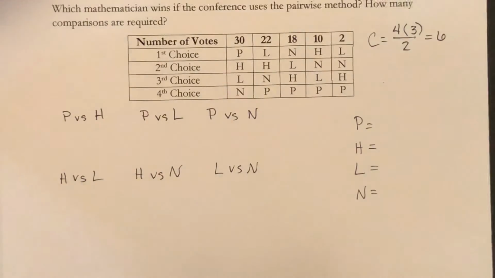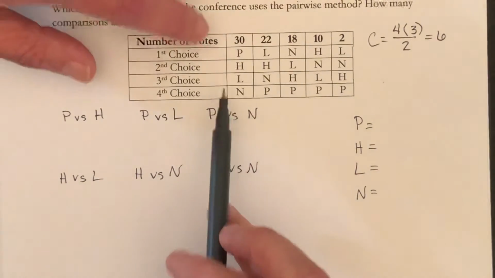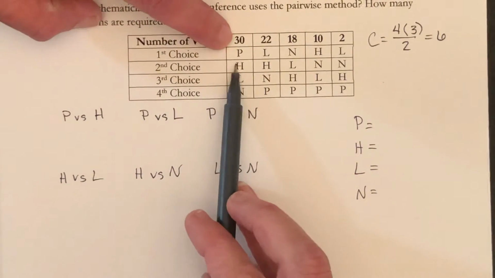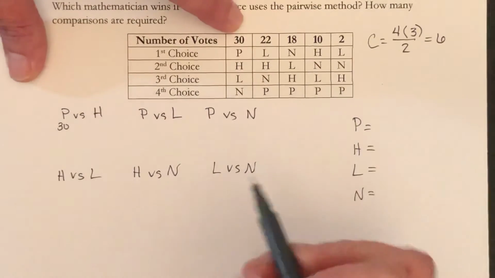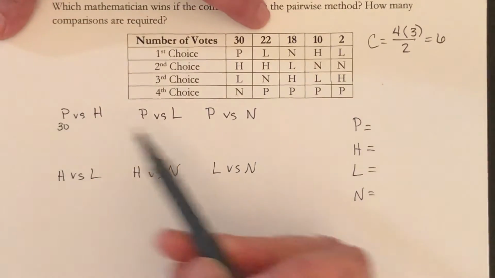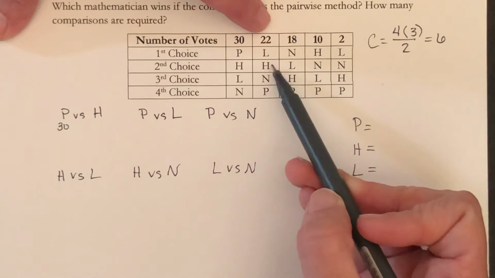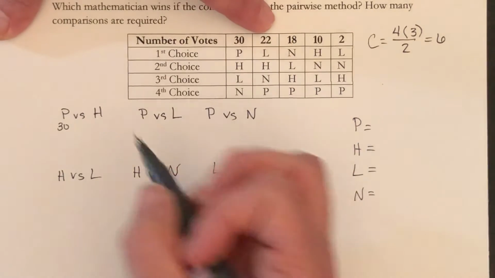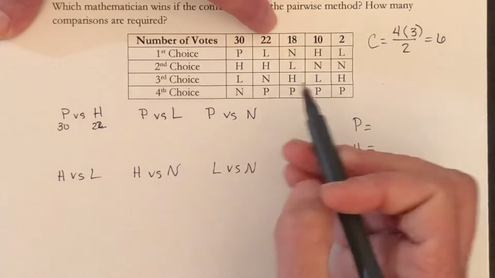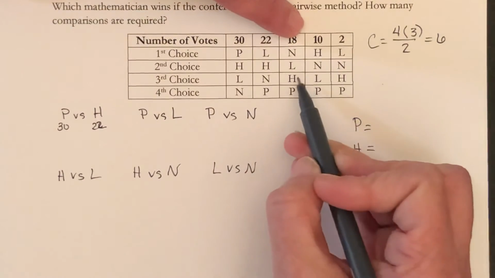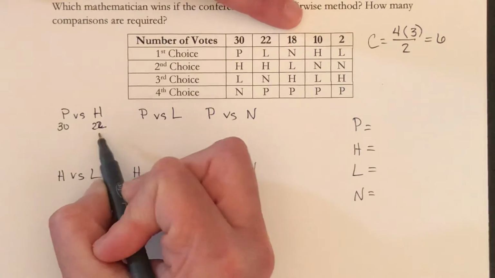Okay, so right here, if I compare Pythagoras and Hypatia, Pythagoras wins here, so that's 30 votes. Here, Hypatia beats Pythagoras, so that's 22 votes. And then Hypatia wins here too, so that's 18 votes.